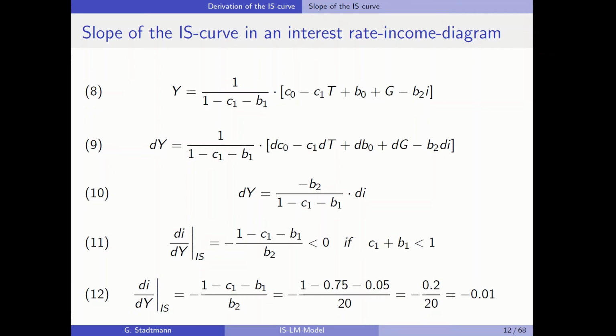In equation 9, we take the total differential. Here, once more, it's very important to know which letter represents a parameter. We assume that the parameters are constant, they do not change. Therefore, we don't have to differentiate with respect to a parameter. We only differentiate with respect to the variables.